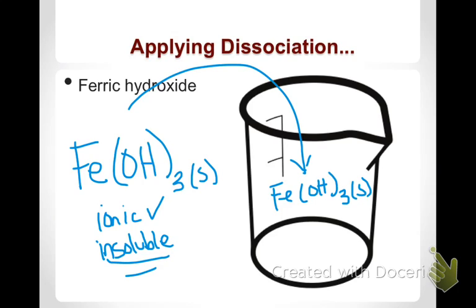No change. And it is not going to have a sphere of hydration because it's not aqueous, so it's not surrounded by water molecules. It is literally just going to sink to the bottom of that beaker. Do a whole lot of nothing.